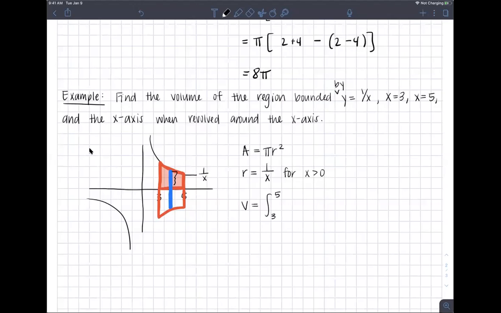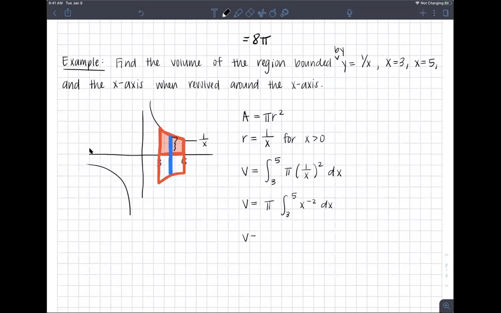And so here you're going to have pi times r squared, which is 1 over x, quantity squared with respect to x. And so then you're going to have pi times the antiderivative of, here, let's write it out. Let's go a little bit slower. So this is pi times the integral from 3 to 5 of x to the negative 2 power dx.